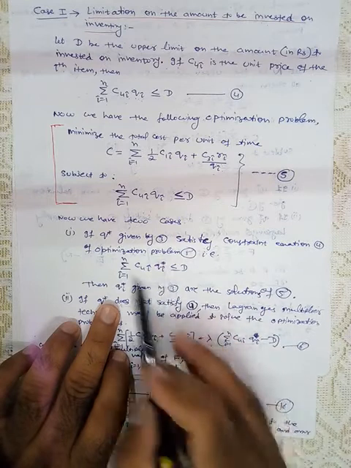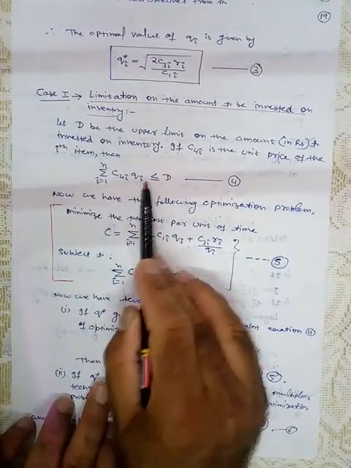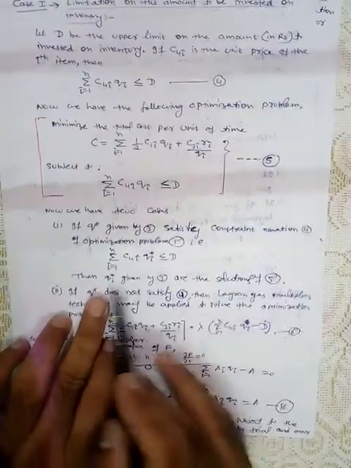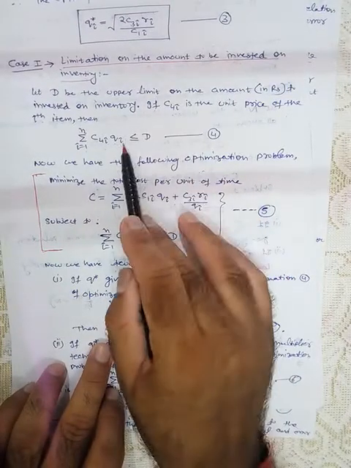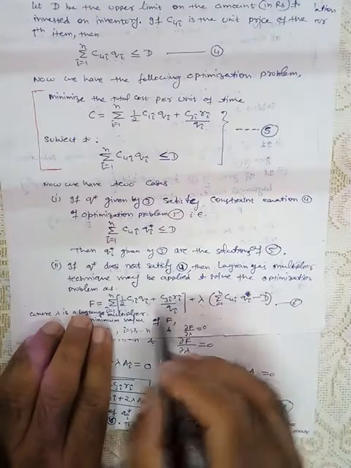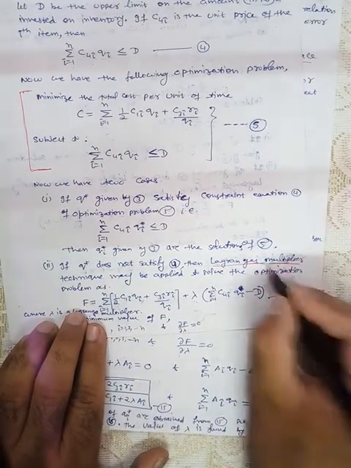If you substitute this Qi star here and it is less than or equal to D, then this is the optimum solution. But if it does not satisfy this, how do we solve this problem? We will solve it with the help of the Lagrange multiplier technique.